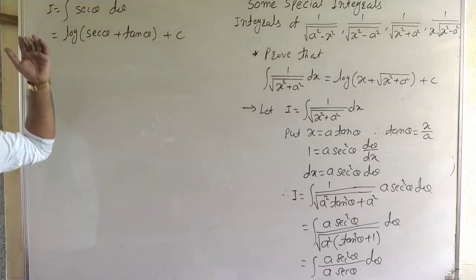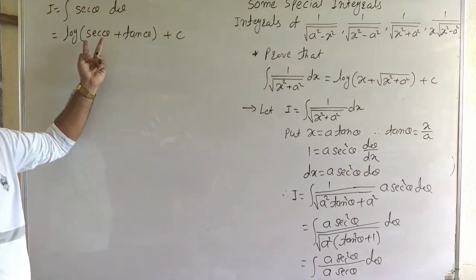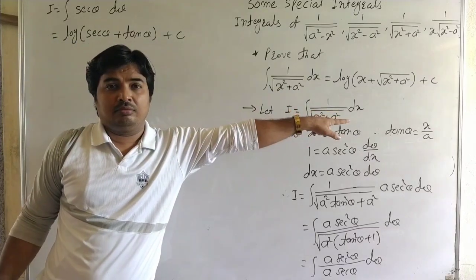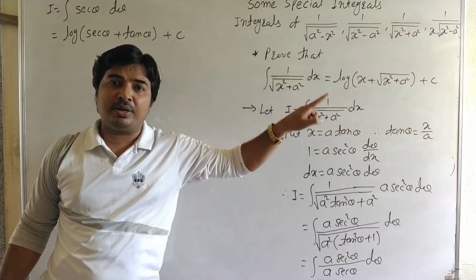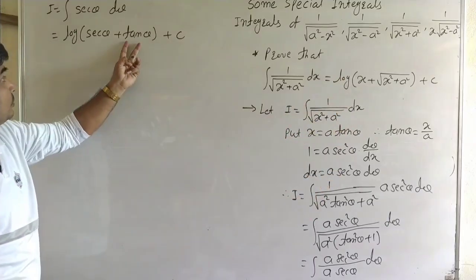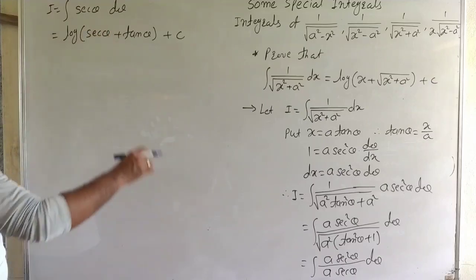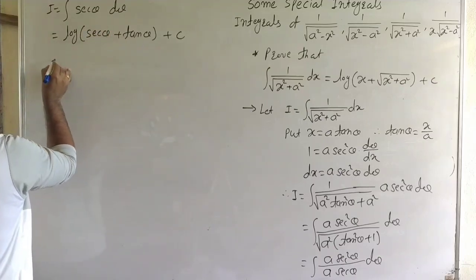Okay, in the last proof the value of sec theta was given, but here the value of tan theta is given, it is x by a. So here we reduce sec theta in terms of tan theta, because we know the value of tan theta.